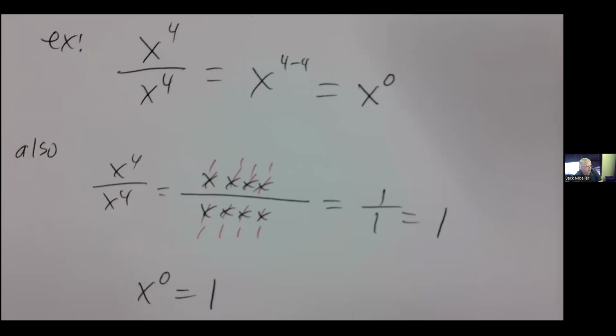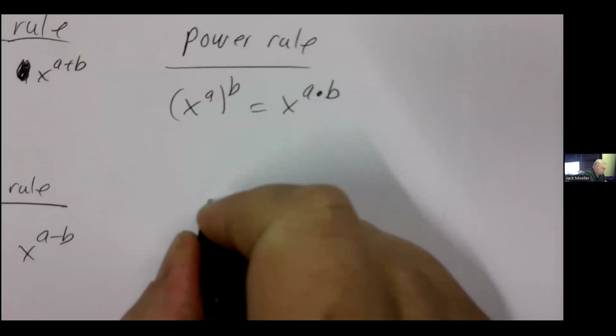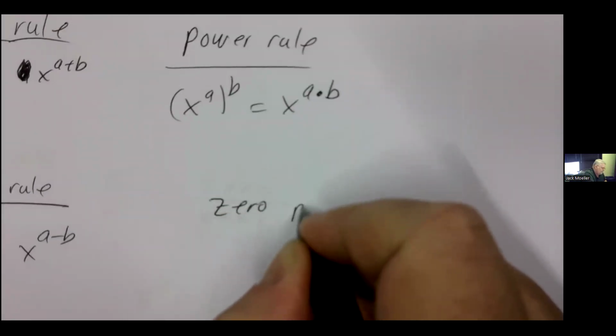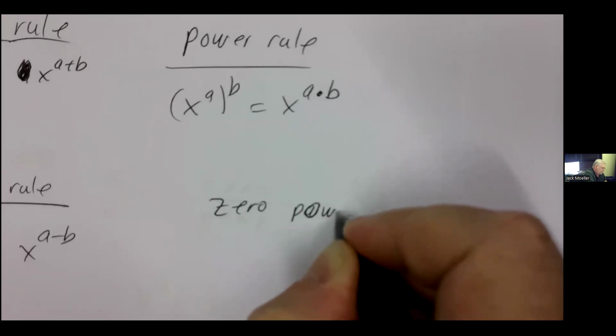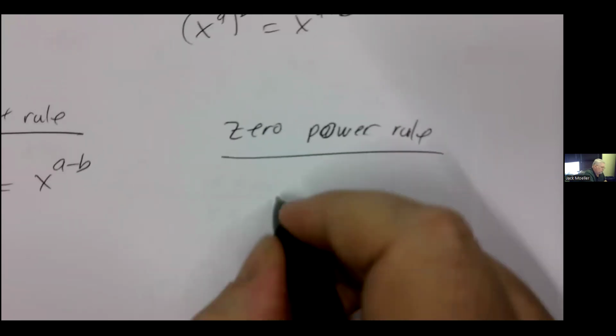And other than 0, which we can't do because 0 divided by 0 is dividing by 0, anything else to the 0 exponent is 1, just by definition. And so that is our 0 power. X to the 0 is 1.